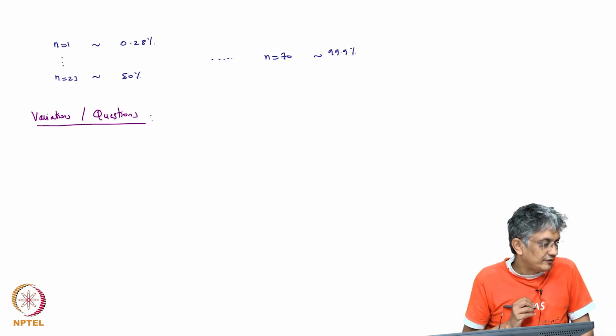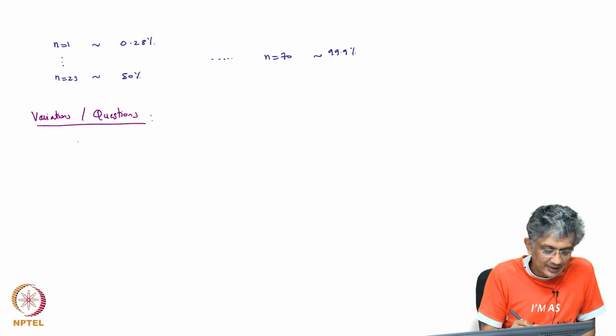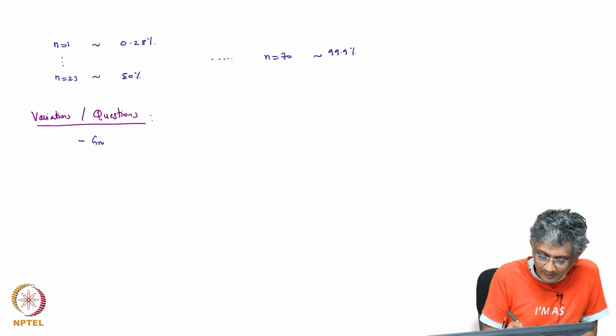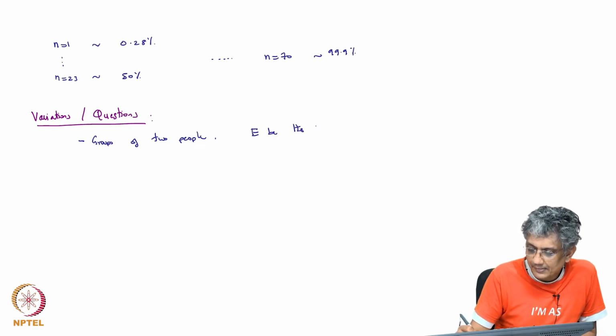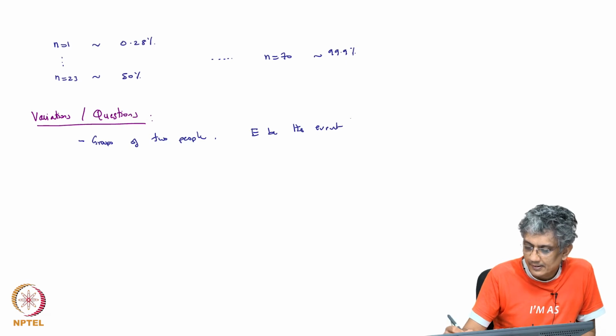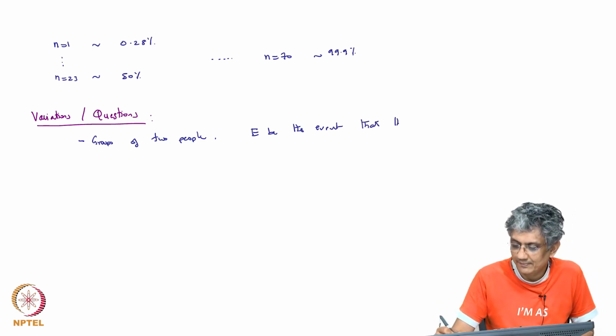Suppose I do the following. I ask you, let E be the event. So you take groups of 2 people, and let E be the event that they share the same birthday.